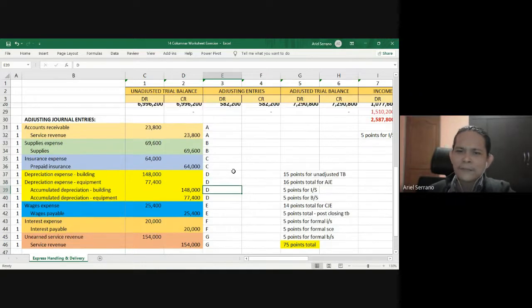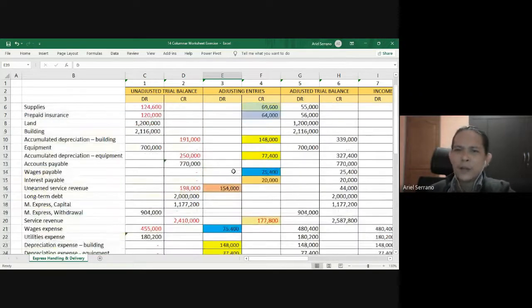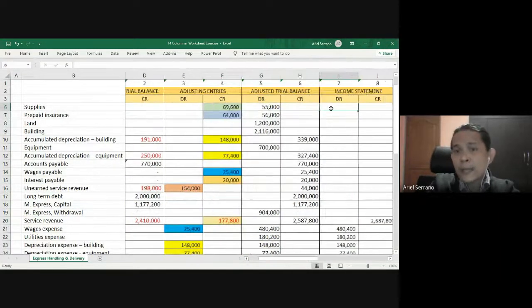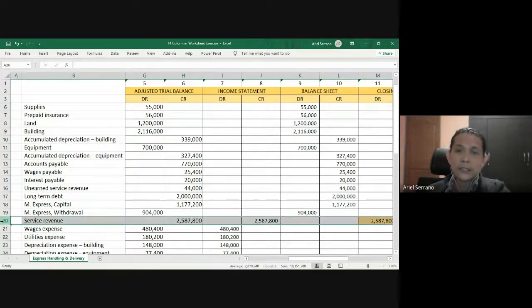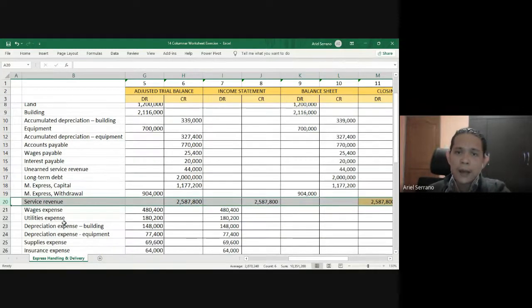Okay? What else? So we already have the adjusted trial balance. Now, from your adjusted balance, we can already prepare your income statement and your balance sheet. Okay? For the income statement, we will be starting with your service revenue, income accounts.